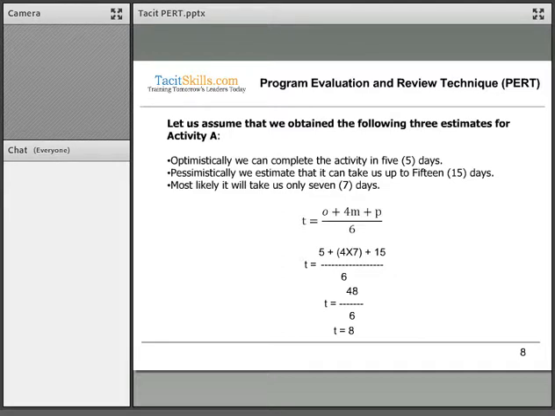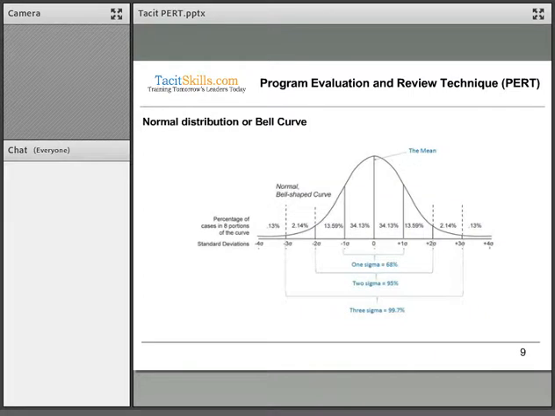Now, how can we use that information? Before we look at how we can use it, we must look at the logic behind this.